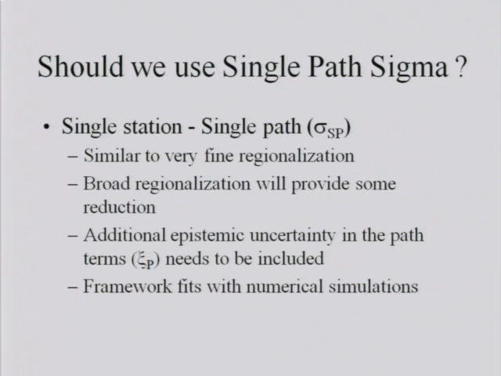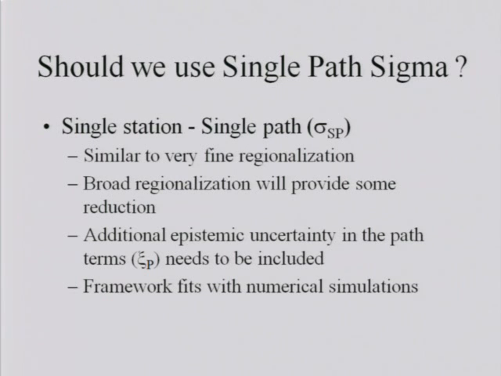Instead of dividing the eastern U.S. into 2 regions or 5 regions, every small source region and every site has its own attenuation model. Okay? Probably not practical. All right? But this is sort of the limit of regionalization. Broad regionalization provides some of this reduction, but not as much. Okay? These are big jumps, though. I mean, these are from our data.